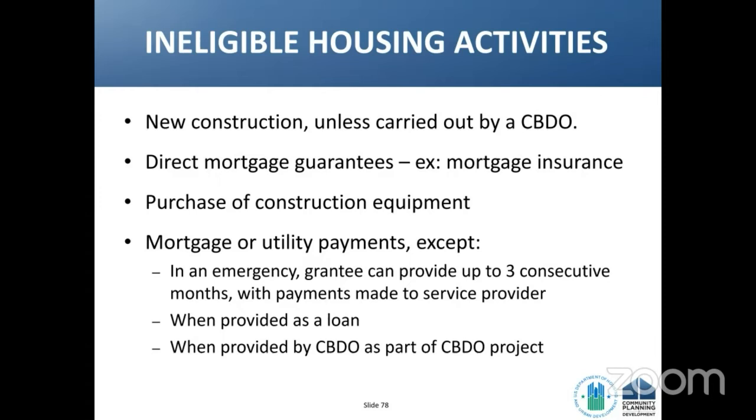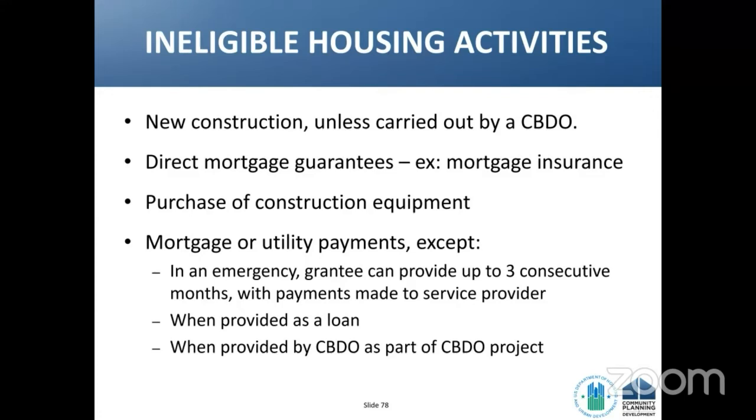But as you all know, the payment has to be made directly to the service provider, either the mortgage holder or the landlord. It's not done regularly, and I haven't seen it done, but it can be done as a loan, requiring the beneficiary to pay the money back. But I have yet to see a grantee that's ever had an emergency grant assistance program provided as a loan. It's an option, but doesn't mean they have to.